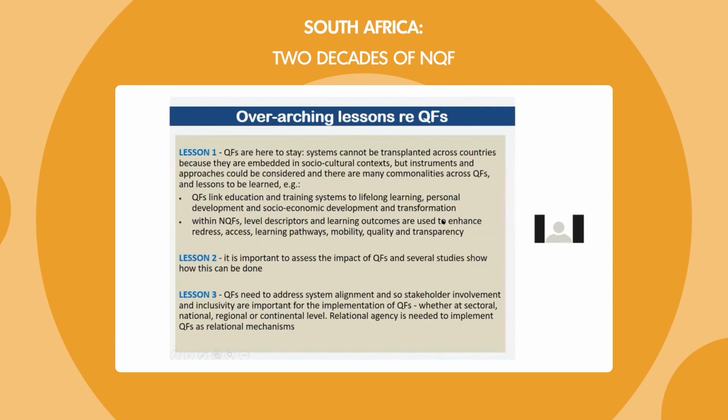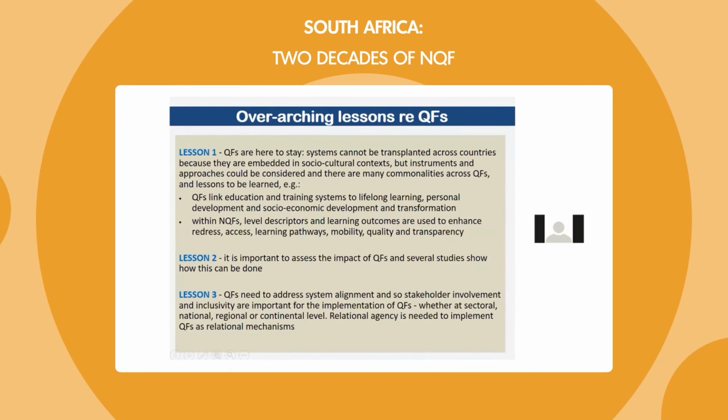So the overarching lessons, lesson 1, we're saying that qualifications frameworks are here to stay. They link education and training systems to lifelong learning. Within NQFs, level descriptors and learning outcomes are used to enhance redress, access, etc. Lesson 2, it is important to assess the impact of qualifications frameworks, and we have several studies that show how you can do it.